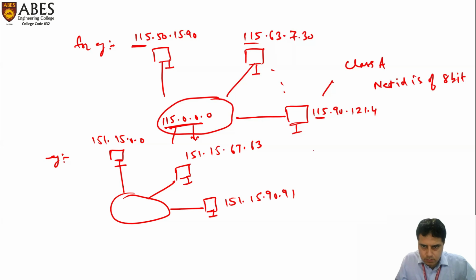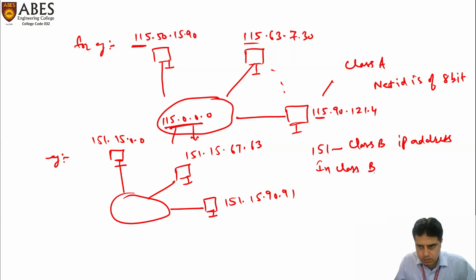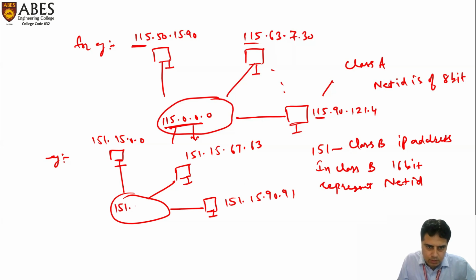For this, 151 shows it is a class B IP address. So in class B, the first 16 bits represent the network ID. So the network address for this organization is 151.15.0.0. So this is the network address of this organization.